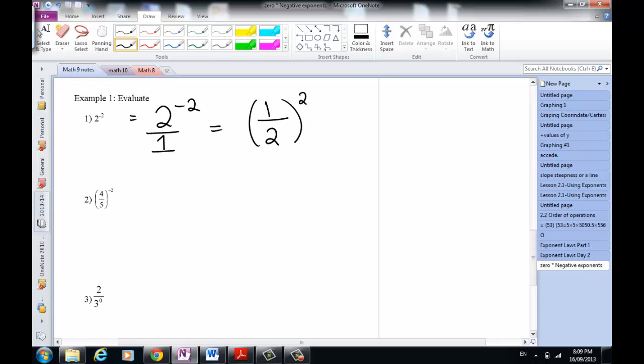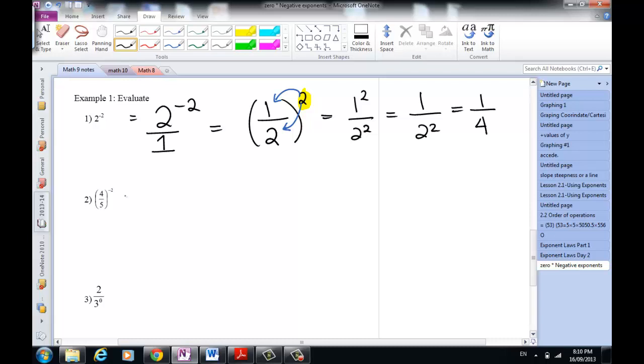And remember from our rules before, this 2 is affecting each piece inside of our bracket, and therefore this is the same thing as 1 squared over 2 squared. We can rewrite this as 1 over 2 squared, because we know that 1 squared is just 1, or we can simplify this to 1 over 4.